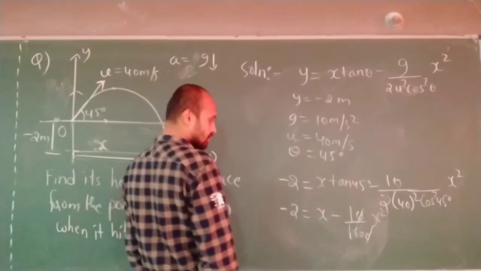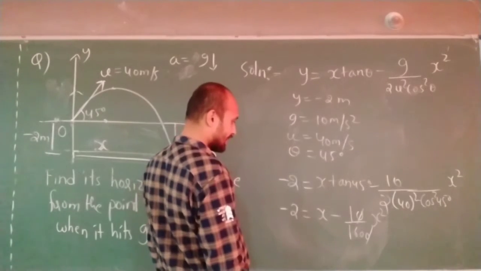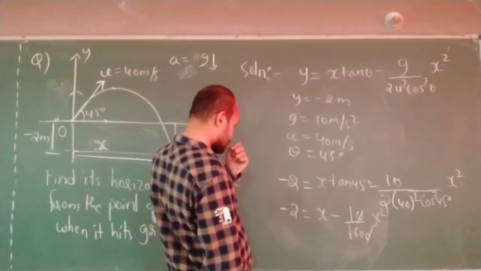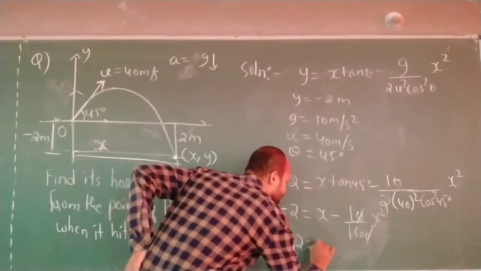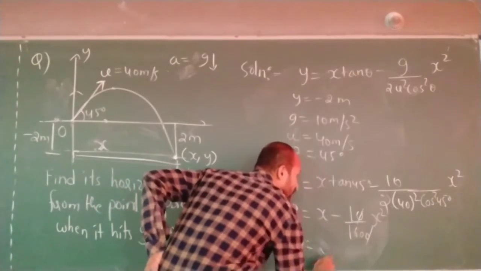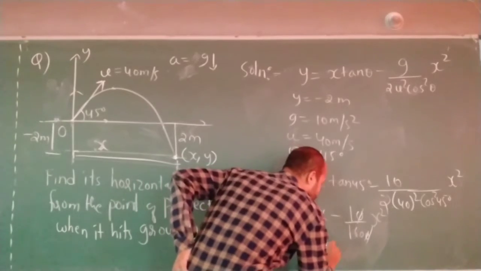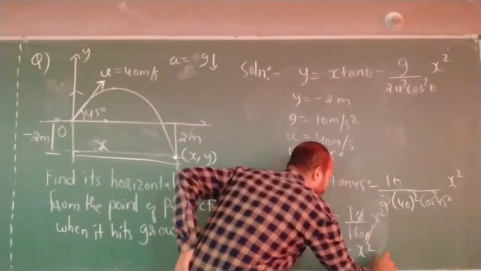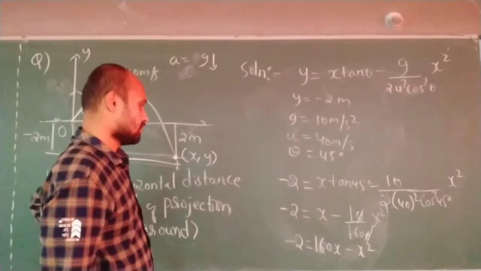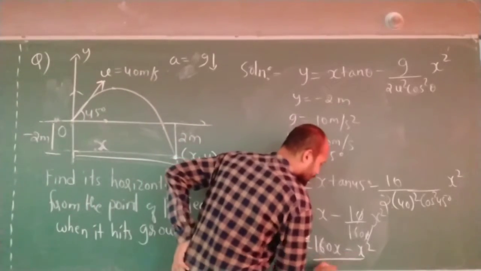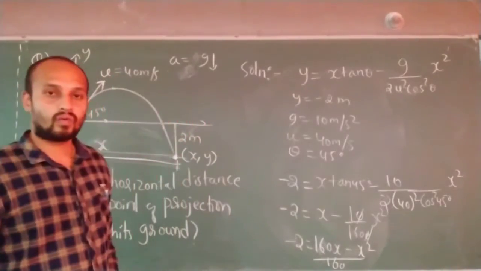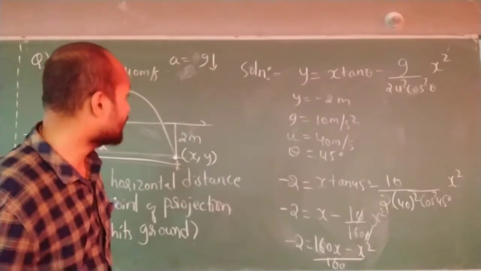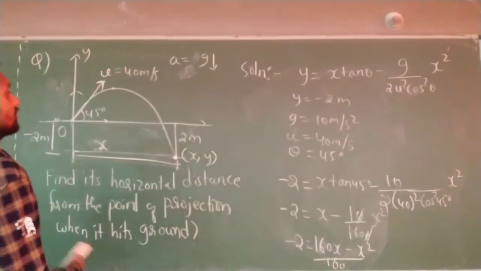What now? So what can I do? This one I can write as minus 2 is equal to 160x minus x square, whole divided by 160. I will write it again somewhere. Correct now?